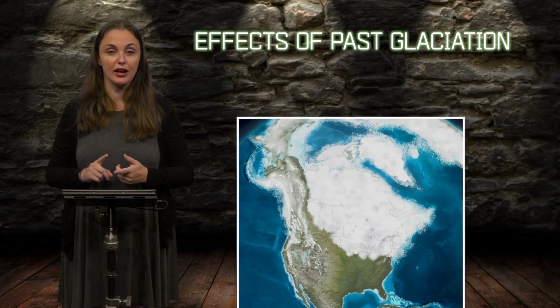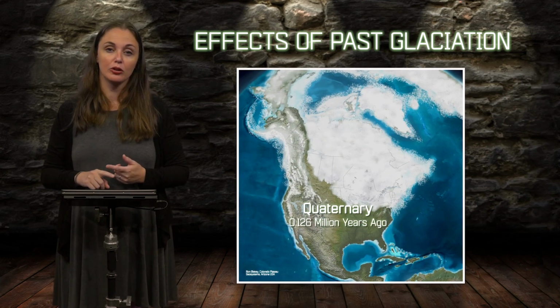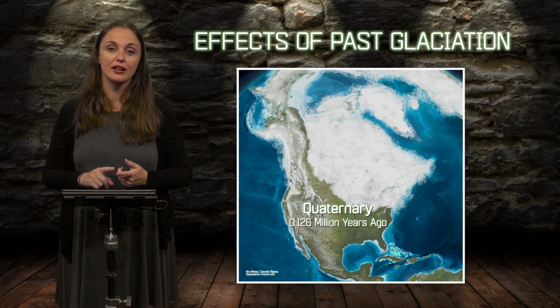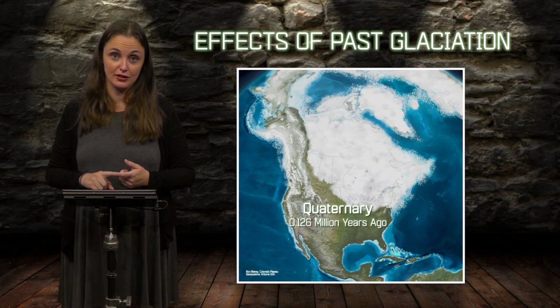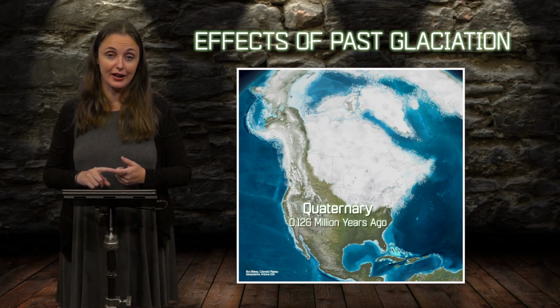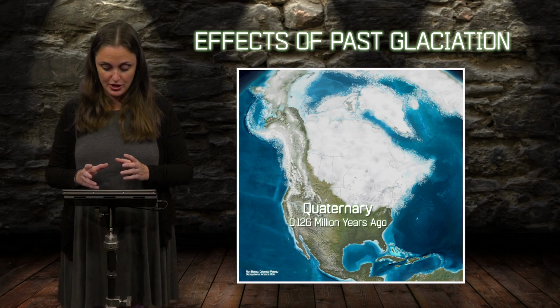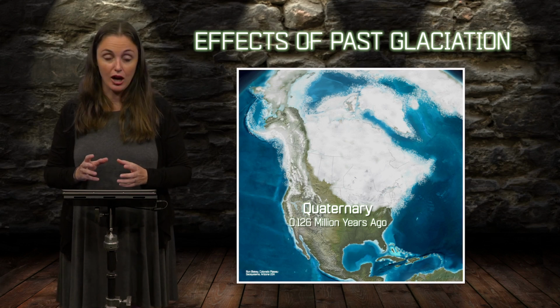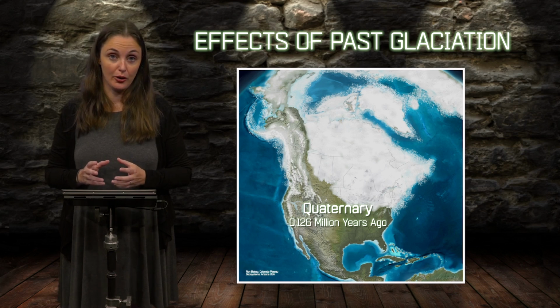The first picture is what sea level and North America looked like during the last major glaciation event. This is the Laurentide ice sheet and that associated glaciation event, which puts us at around 120,000 years ago.